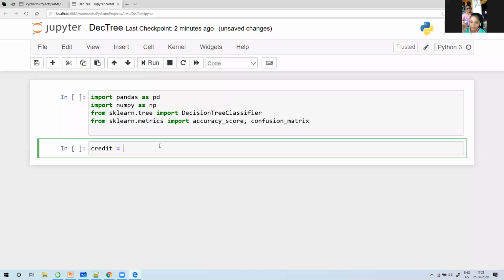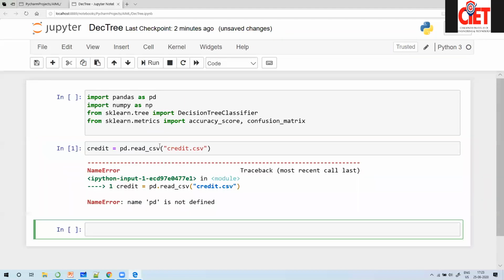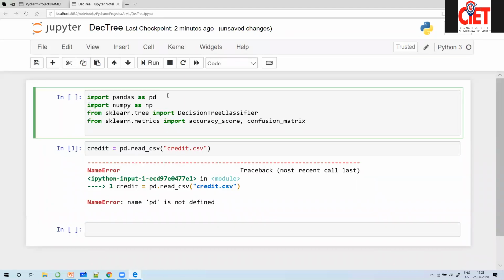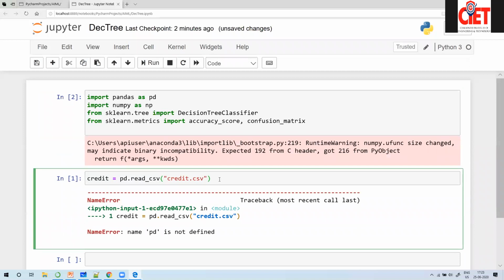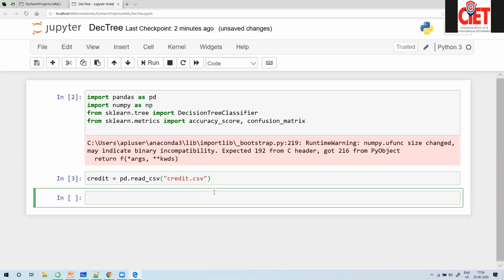I'm naming the data frame as credit, pd.read_csv, credit.csv. We did not run this step. Target is equal to credit. I am not doing any EDA. I'm directly going to jump into building the model.